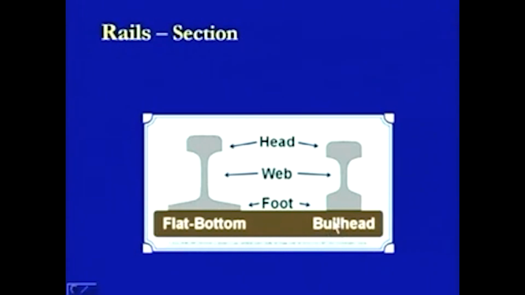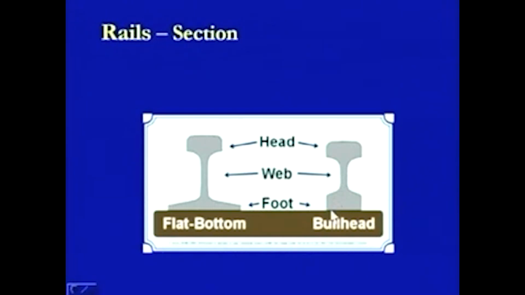So, what we can see is that we have to design this head area, this web area as well as the foot area. When we are talking about the strength, it means the head should be sufficiently large so as to take the loads which are coming from the top and dissipate them. The web should also have sufficient strength so that because of the lateral loads coming from this direction, it should not break down because it is a thinner area.